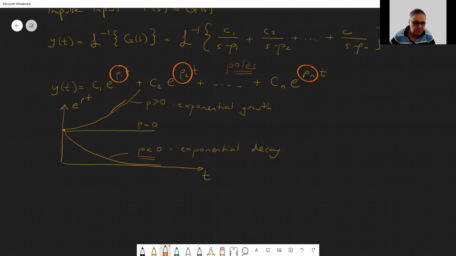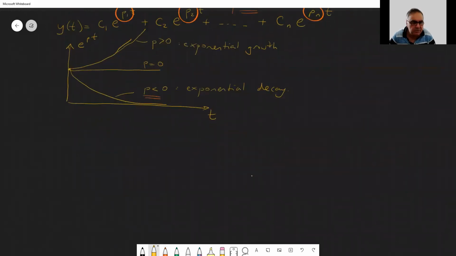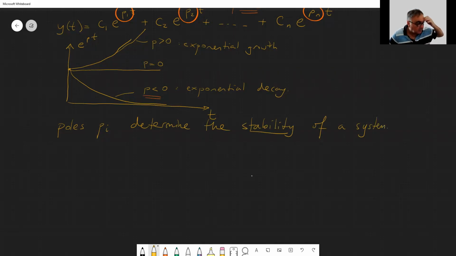So very shortly, we can say the following here. The poles pi determine the stability of a system. Well, we have assumed that the poles are real, but this is not necessary.